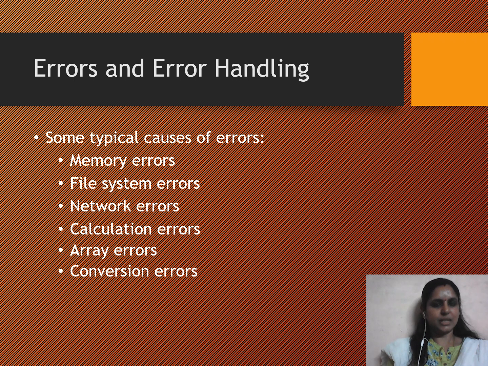A calculation error we have already seen in the previous slide, that is, dividing by 0. The next one is an array error, that is, accessing the element at index minus 1. A conversion error is converting q to a number, where q is of character data type and we convert it into an integer, which causes a conversion error.